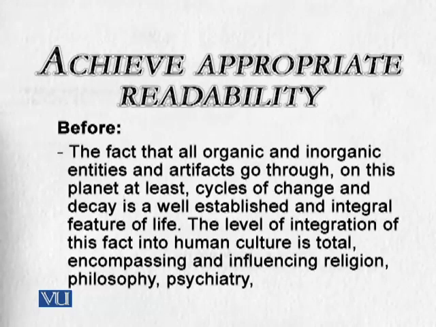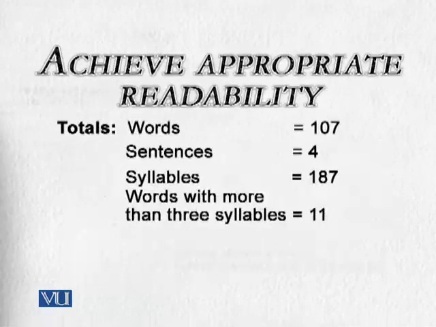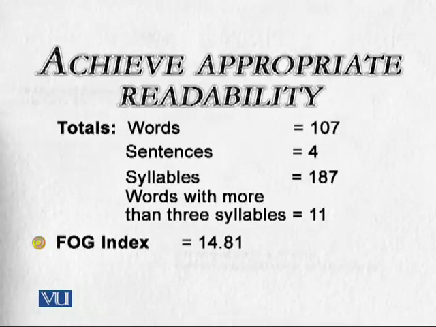Then in the second sentence, integration, encompassing, influencing, so these are all hard words. If I give you the stat of these hard words, then hard words in this paragraph, which you have seen, are 11. And the Fog Index guide, after applying the formula, is 14.81.